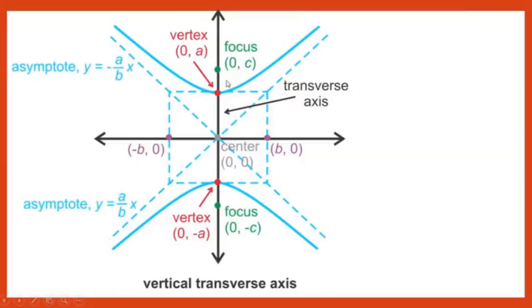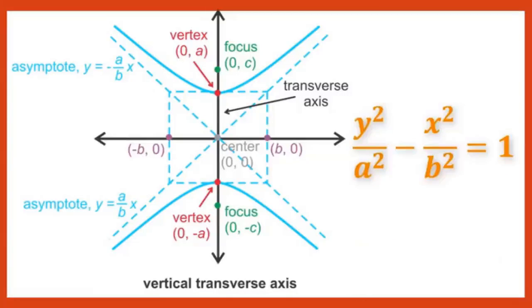The foci and the vertices are along the y-axis, and the endpoints of the conjugate axis are on the x-axis. The hyperbola is vertical, and the equation is y squared over a squared minus x squared over b squared equals 1. And take note of the relation, c squared equals a squared plus b squared.